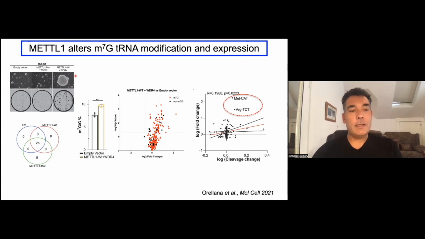To investigate the underlying molecular mechanism, we performed TRAC-seq on the control cells, the empty vector, just the normal MEFs, those that express either the wild-type METTL1, which are transformed, or the catalytic mutant METTL1, which are basically equivalent to the control cells. What we noticed is that it was the same subset of 26 tRNAs that are modified under all of these conditions.